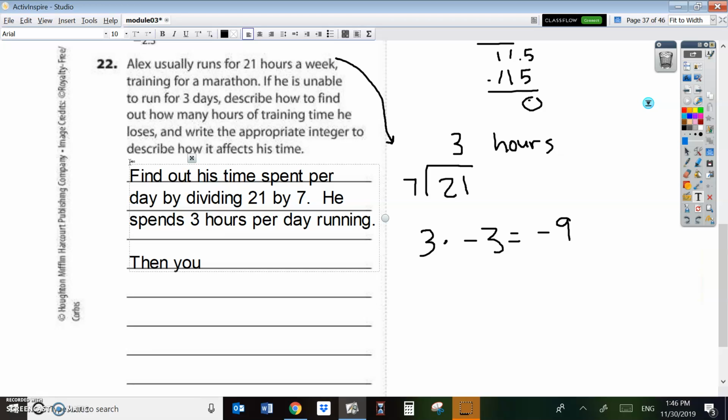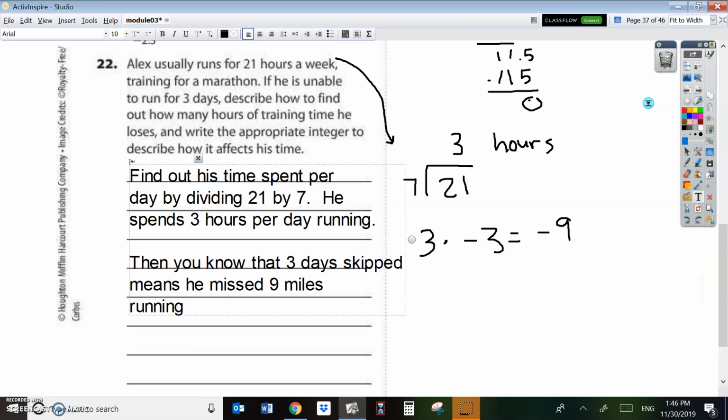Then you know that 3 days skipped means he missed 9 hours running that week.